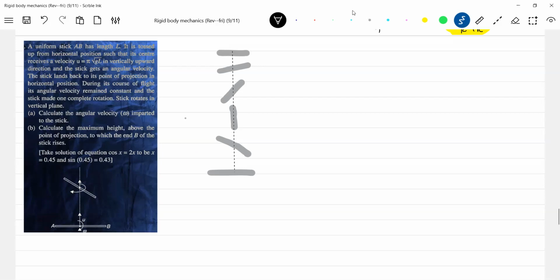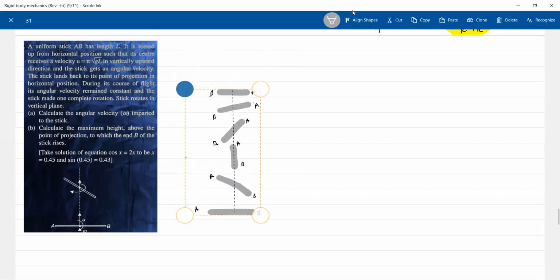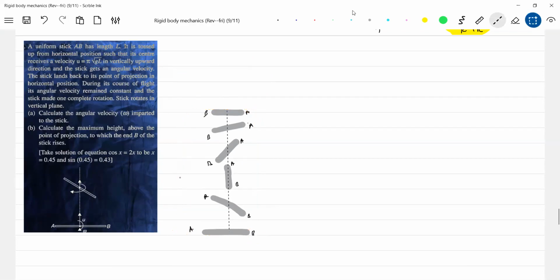So there's an end A. For further, we don't know how many turns it will make.